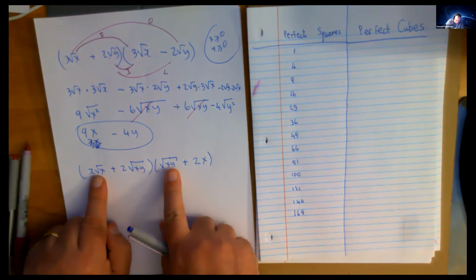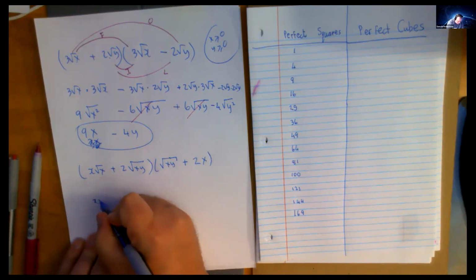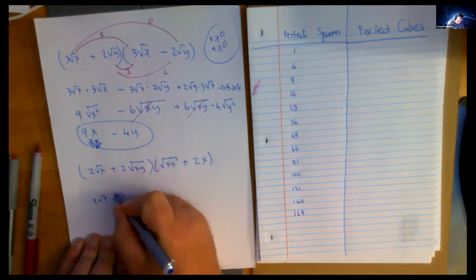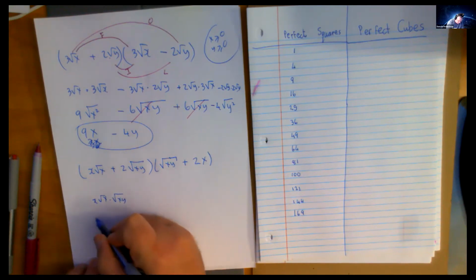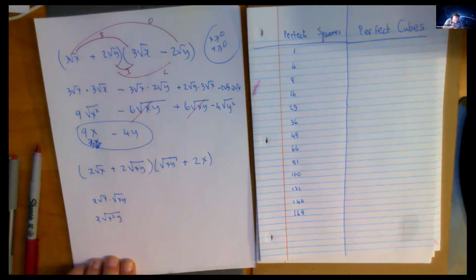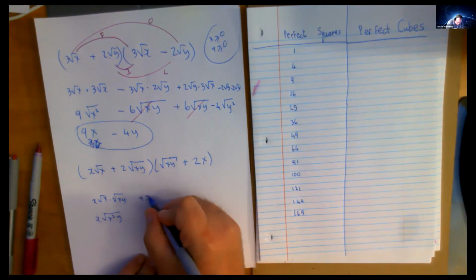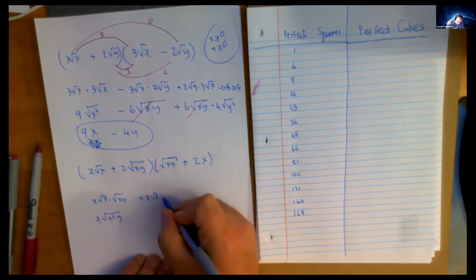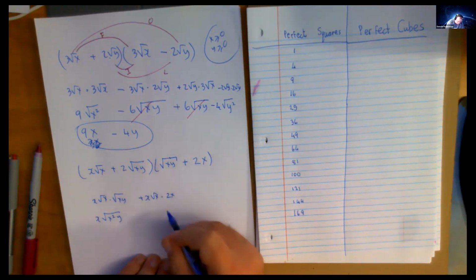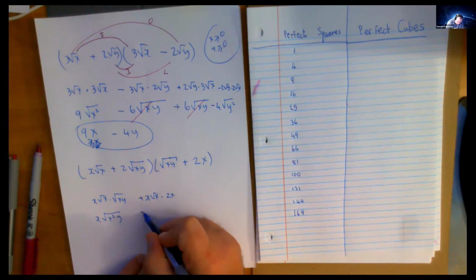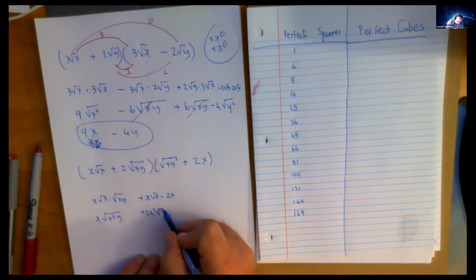If you do this guy times this guy, you're going to get x root x times the square root of xy, which is going to get you x, the square root of x squared y. If you do these 2 together, you're going to get positive x root x times a 2x, and when you combine these, you're going to get 2x squared square root of x.